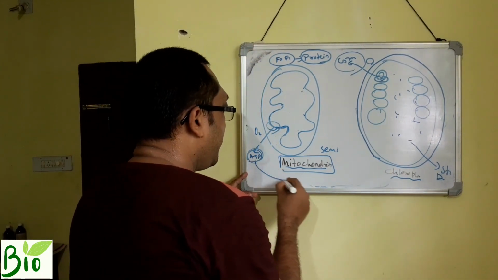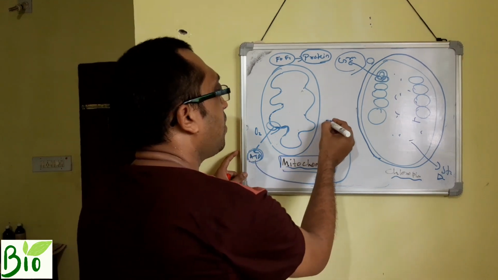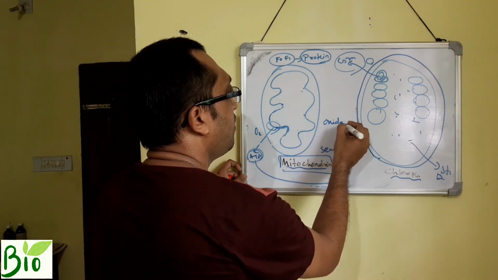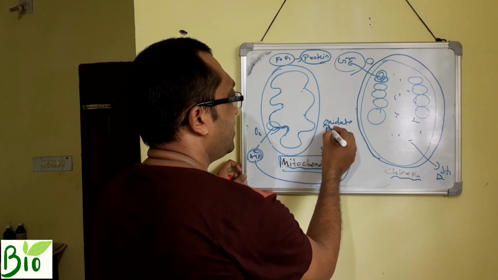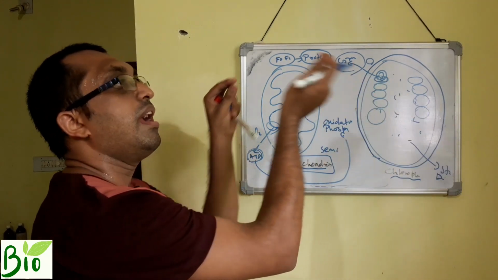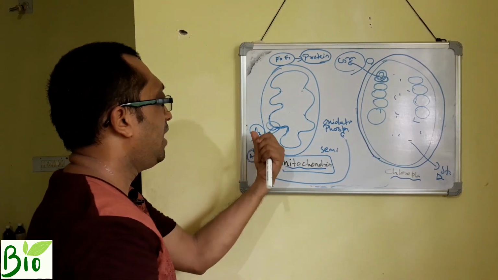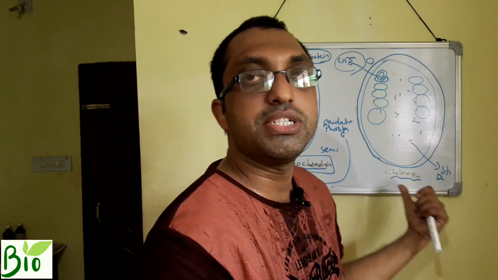This type of ATP synthesis occurs in the presence of oxygen, so it is called oxidative phosphorylation. That is, Pi is added to ADP in the presence of oxygen, so it is called oxidative phosphorylation.